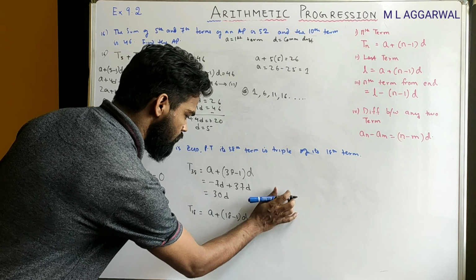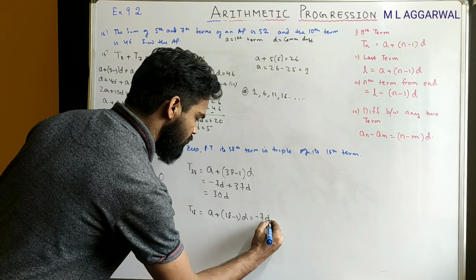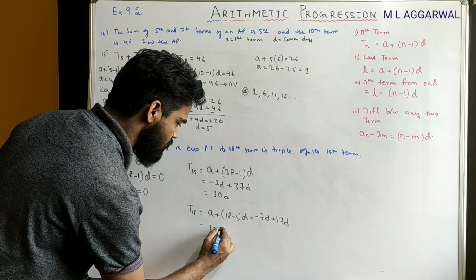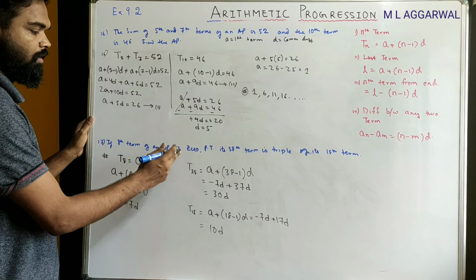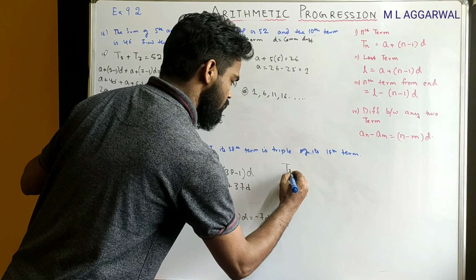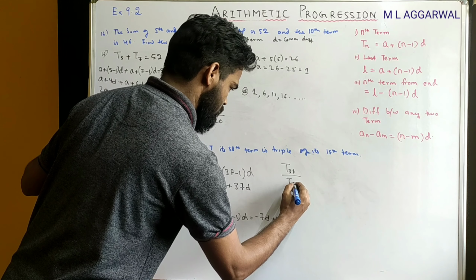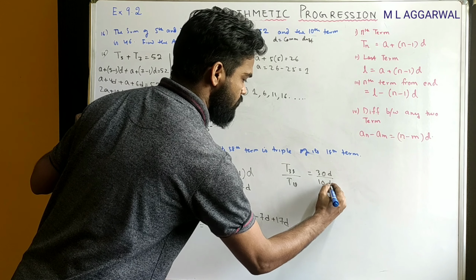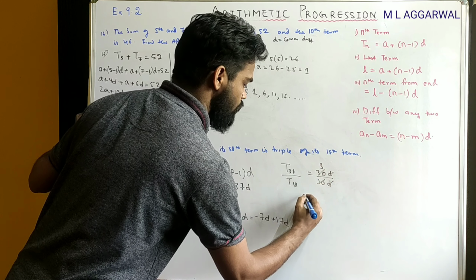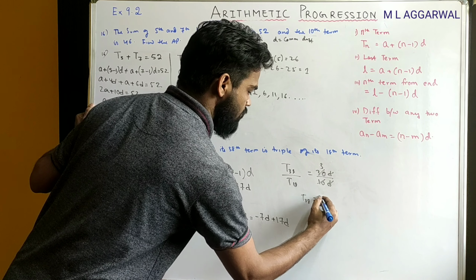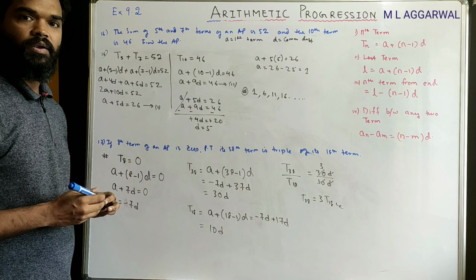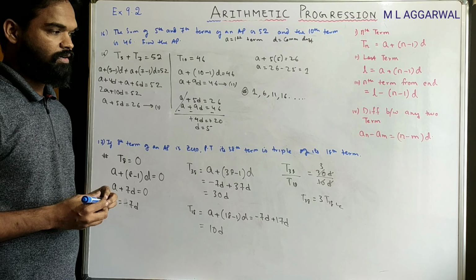That is equal to, a is minus 7d plus 17d. So that's 10d. Okay. Now if you compare these two, T38 by T18, you're getting 30d by 10d, which means T38 is nothing but thrice of T18. Proved. Done. Now let us look at the next sum.